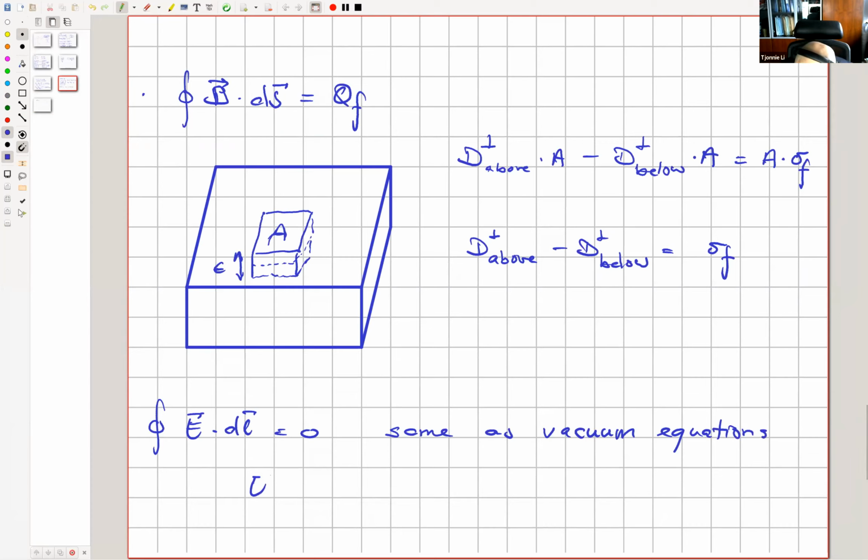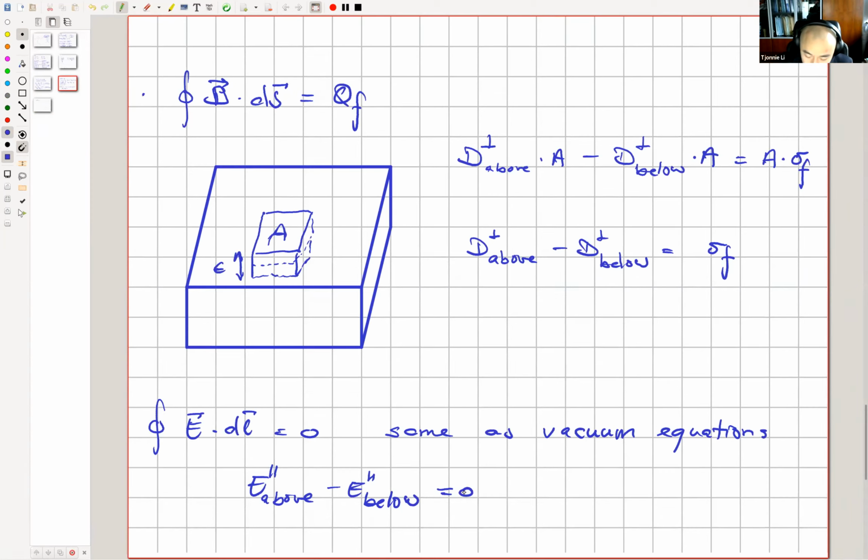So indeed, E parallel above minus E parallel below equals 0. Okay.